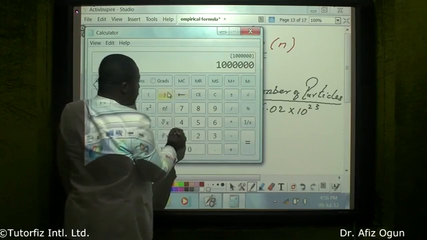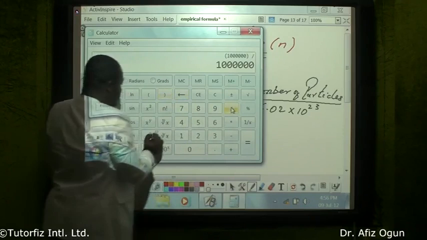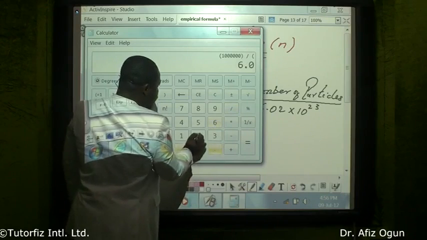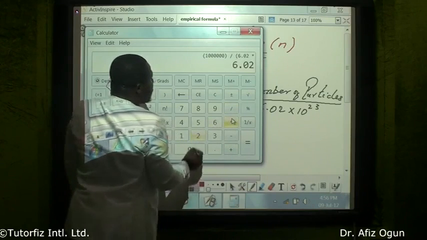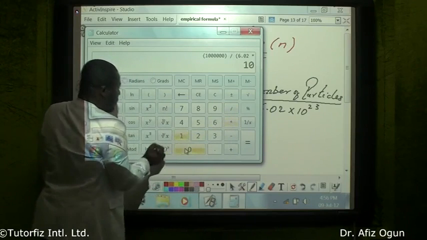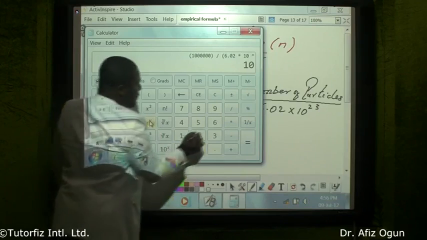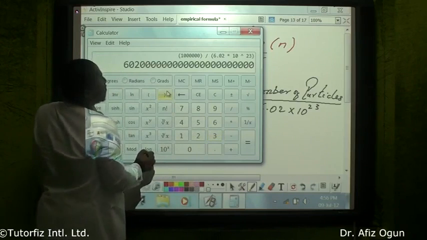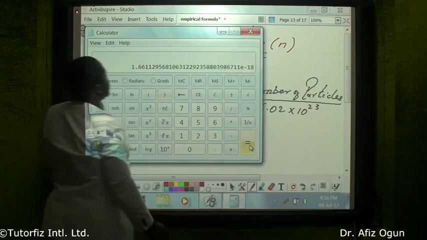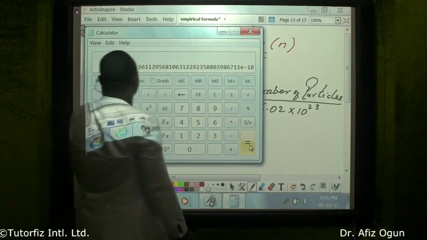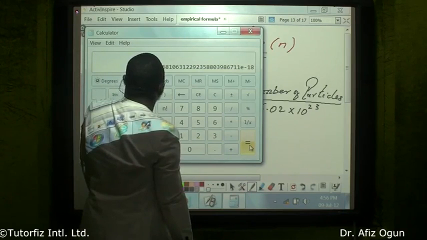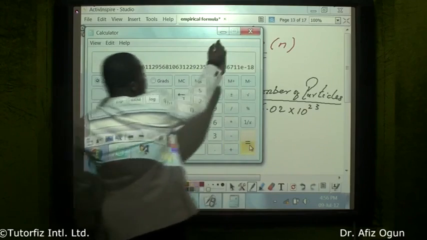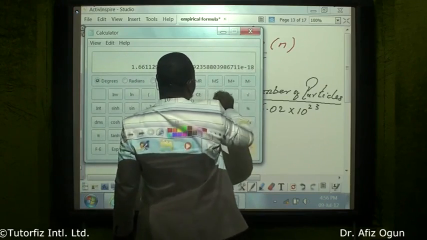Okay, bracket close, divide by, bracket open, 6.02 times 10 raised to power 23, bracket close. Aha, now I have the answer: 1.66 times 10 raised to power minus 18.